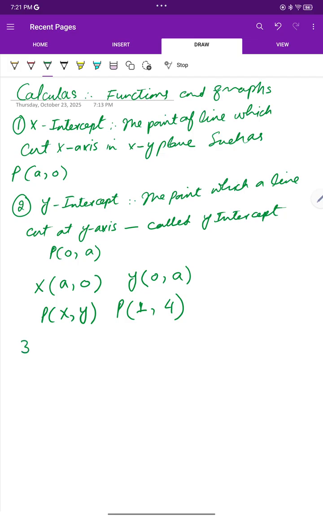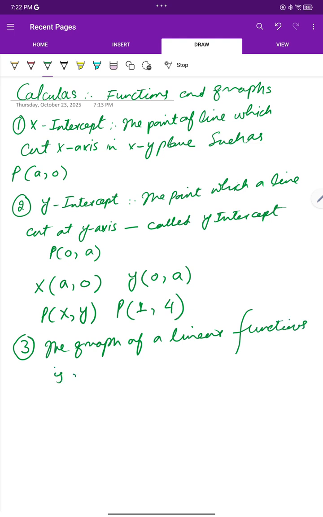The third one is the linear function graph. The graph of a linear function is always a straight line, like this.